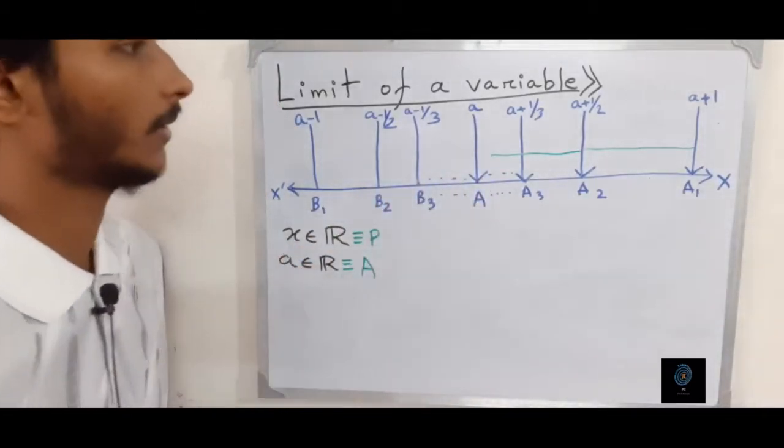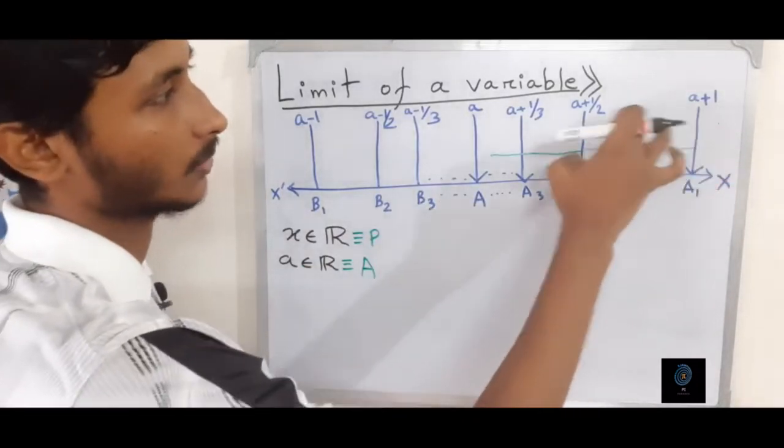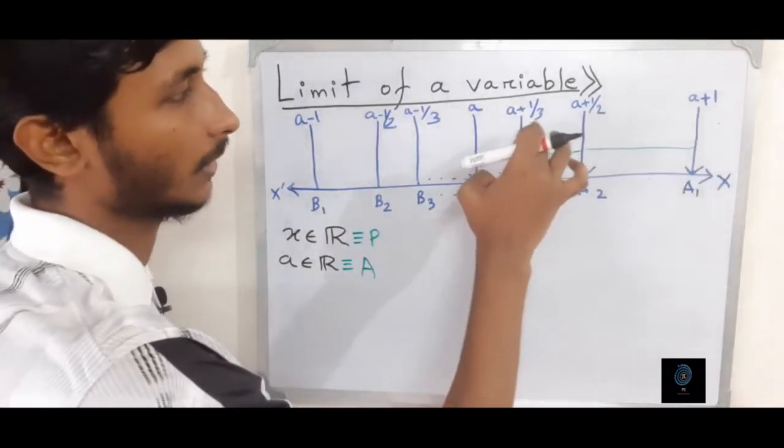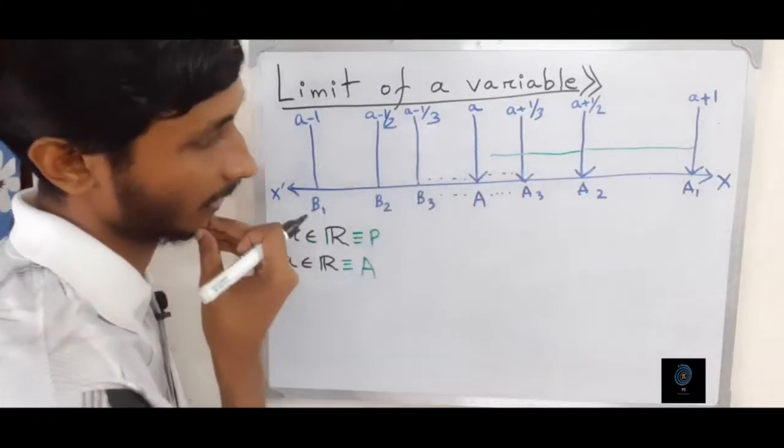So in our algebraic notation, we can say that x is taking the value a plus 1, a plus half, a plus 1 by 3 and coming closer and closer towards a, but it is never touching a.